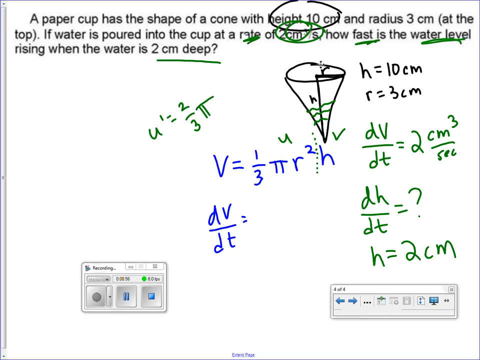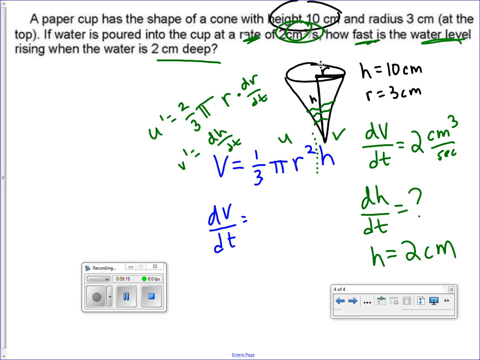So I'm multiplying the 2 by 1/3 pi to get 2/3 pi. I'm going to decrease the 2 down to 1 for the exponent. I have to chain rule it. And then v prime, this one's a lot easier. The derivative of h is just dh/dt.